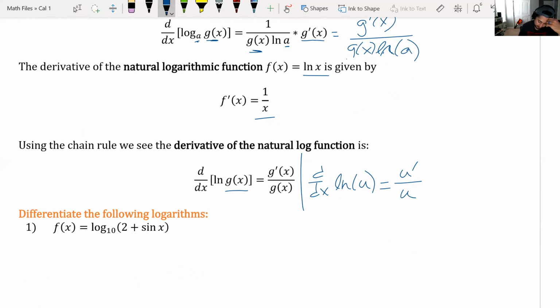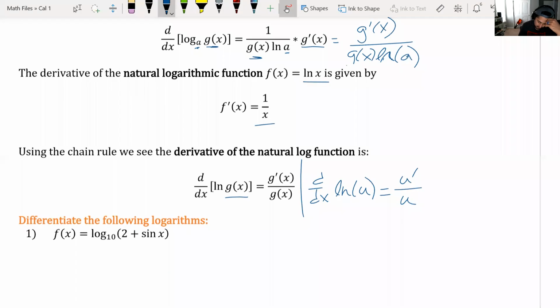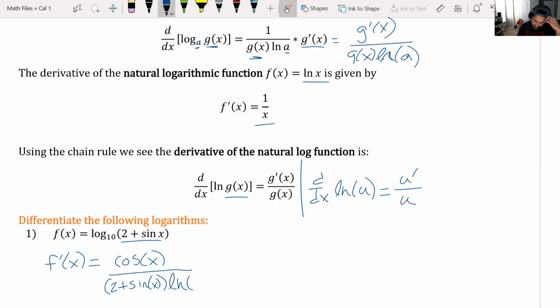So our derivative is going to be f prime of x equal to the derivative of the inside, which would just be the cosine of x, over the inside function 2 plus the sine of x, times the natural log of, not of base 10, just of 10. And that's it.